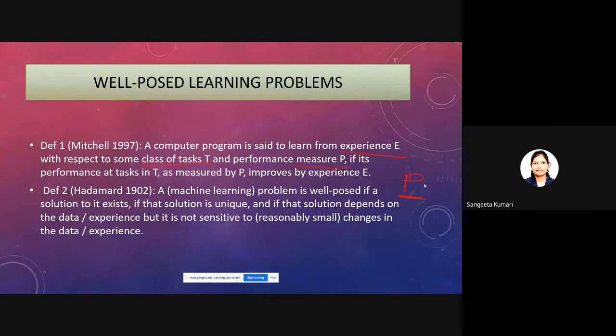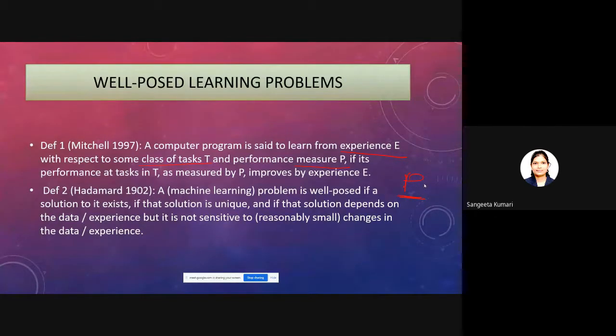This doesn't happen much abroad, but still, what if there is a sudden turn? What if it's raining cats and dogs? With experience, the performance measure should improve.